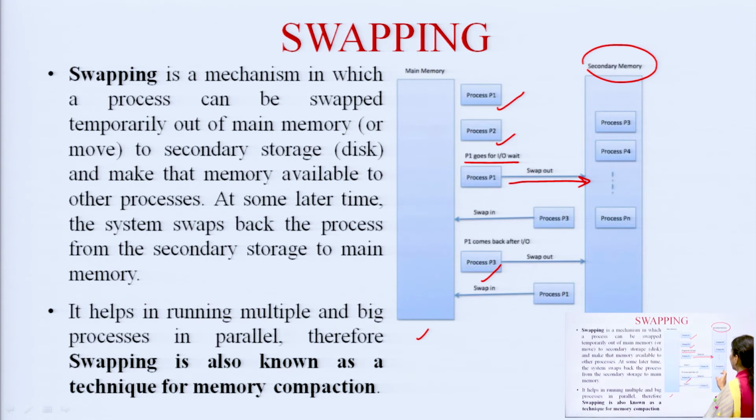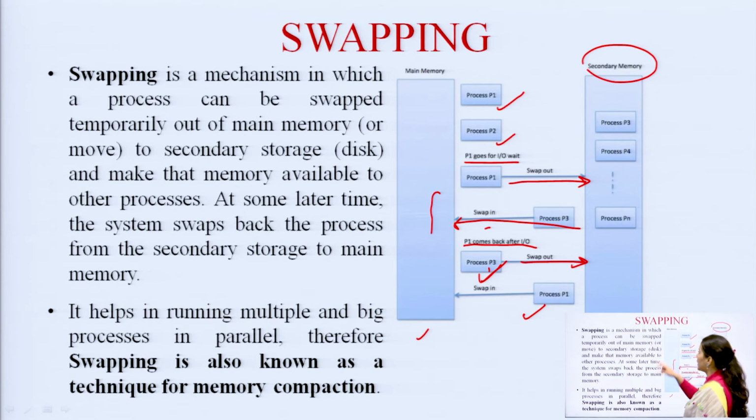Now, after the other processes have been executed, process 3 will swap in again. P1 comes back after input output and process 3 swaps out here, and then again process 3 swaps in, and finally process 1 swaps in again.